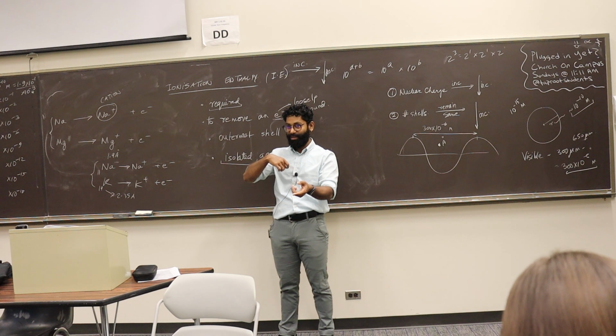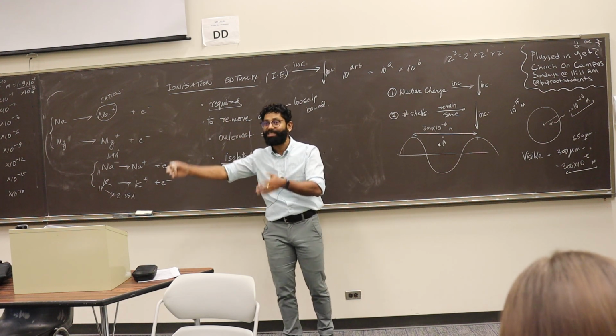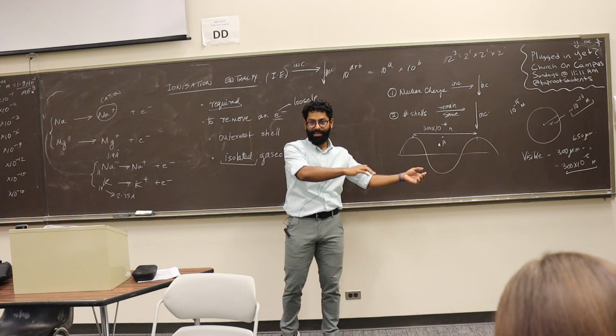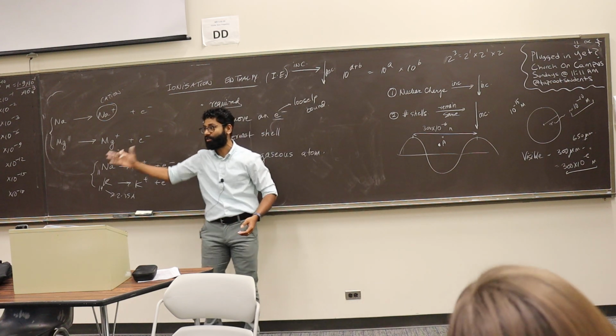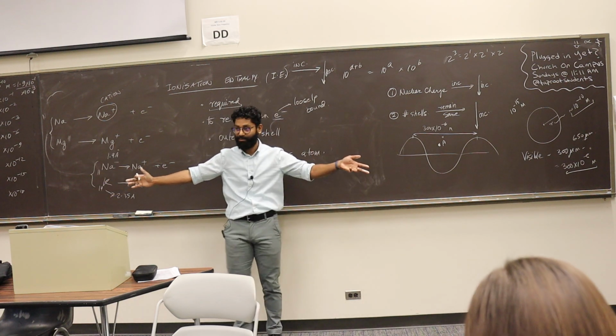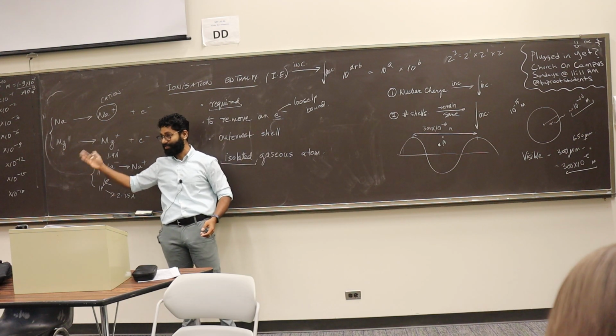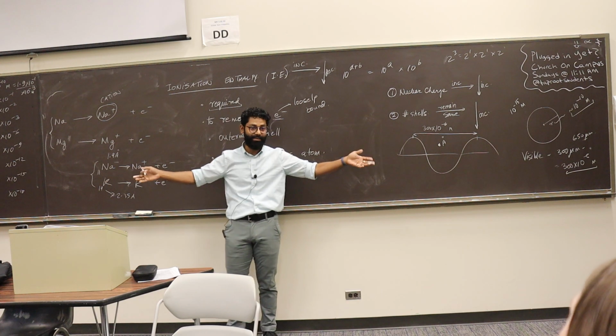Because if the ionization energy is increasing from left to right, it will be easier to pull out electrons here than here. So things will easily go to the cationic state on this side rather than this side.